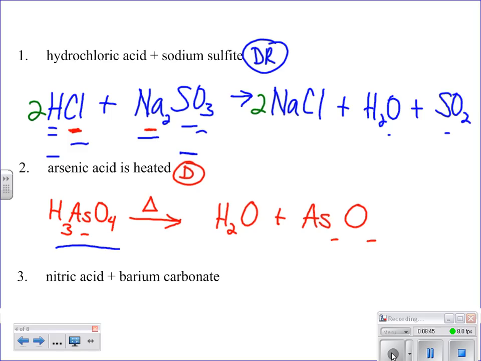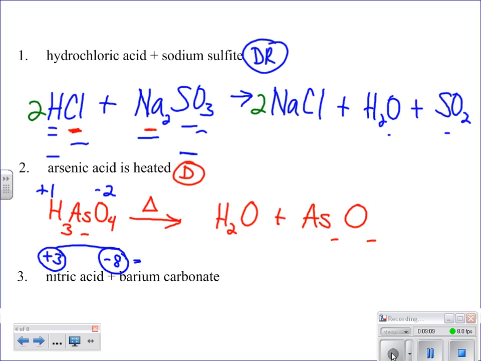If we come back over here to this guy, you know the charge of hydrogen. What is it? +1. You know the charge of oxygen, which is -2, meaning I have a total for my hydrogens of +3, because I've got 3 of those +1s. And for my oxygens, I've got a total of -8.